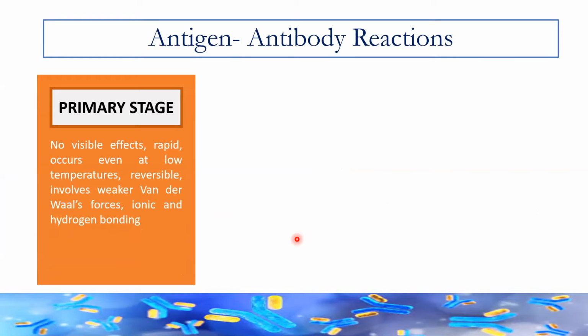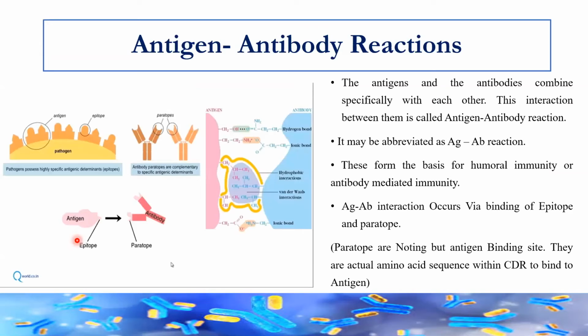It occurs even at a low temperature. Most importantly, it is reversible, and it involves weaker forces like van der Waals forces, ionic interaction, and hydrogen bonding. So you can see over here, it involves hydrogen bonding. This is the antigen, this is the antibody. It involves hydrogen bonding, ionic bonding, hydrophobic interaction, and van der Waals interaction.